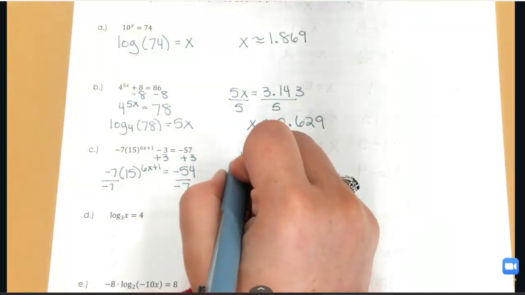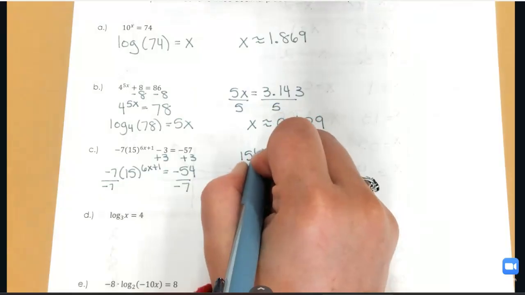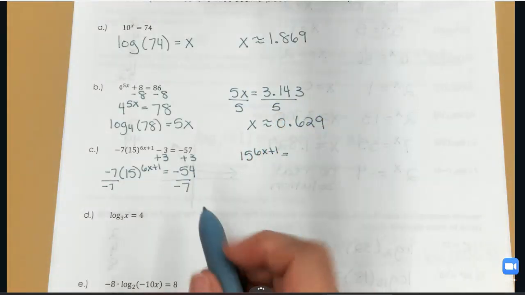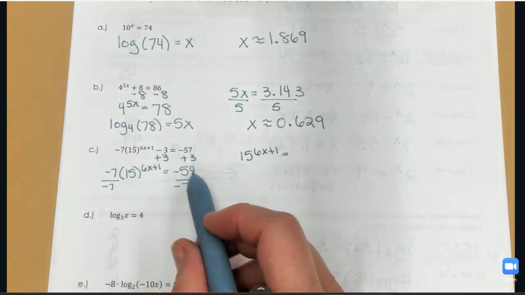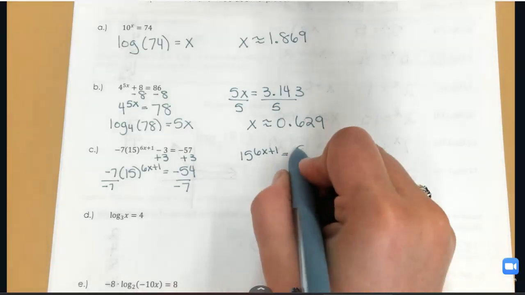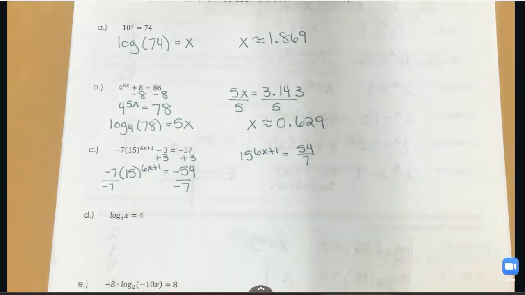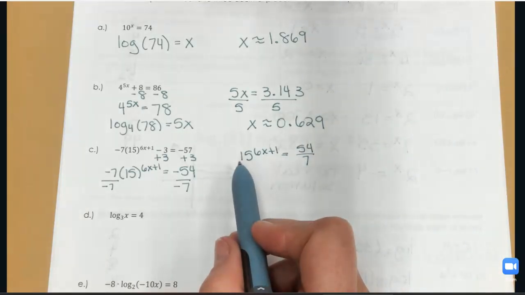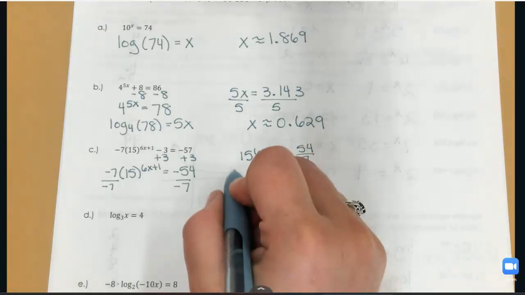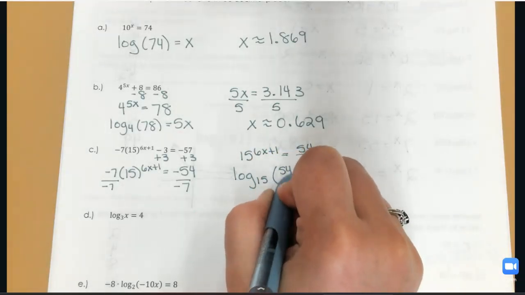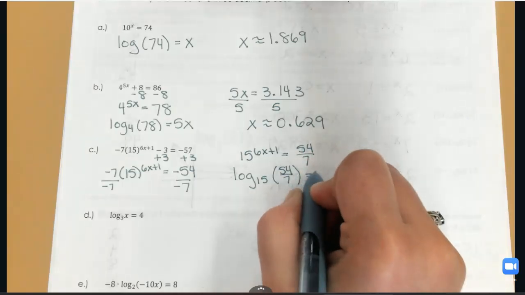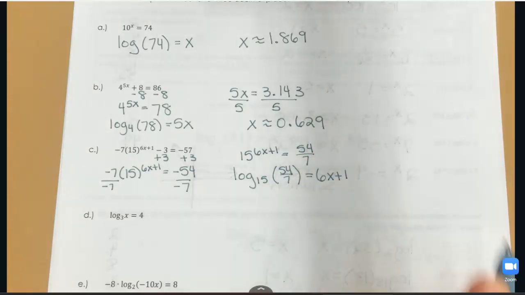And so this is going to become 15 to the 6x plus 1 power is equal to 54 over 7. 54 and 7 don't divide evenly, so I'm going to leave it as a fraction, but a negative divided by a negative does make it positive. So now that my exponential is by itself, I'll rewrite it as a log. This will be log base 15 of 54 over 7 is equal to 6x plus 1.